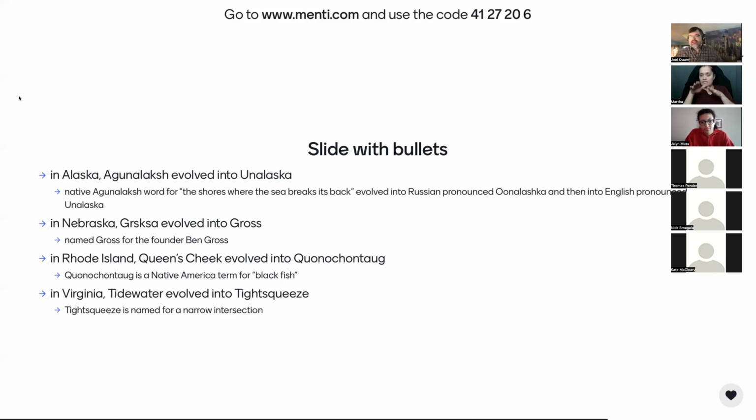But then the land became Russian lands, and they tried to pronounce that word using Russian letters, and they made it sound like Unalashka. Well, eventually Russia sold Alaska to America, and we then tried to pronounce that word in English, and we came up with Unalaska. So that's the one that evolved over time.